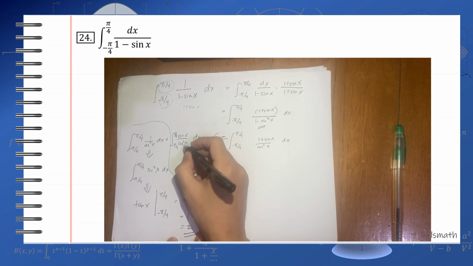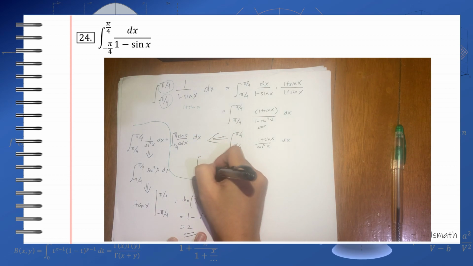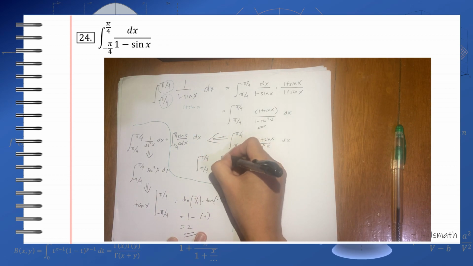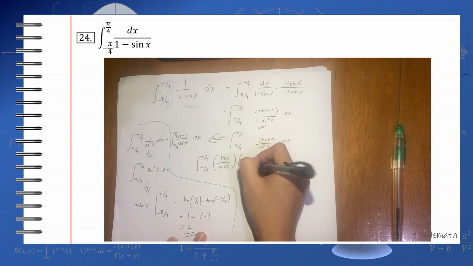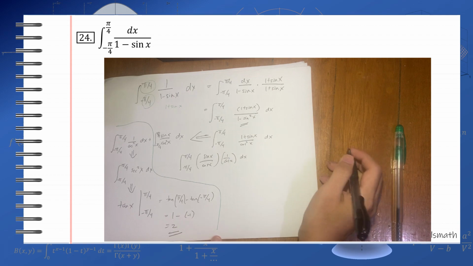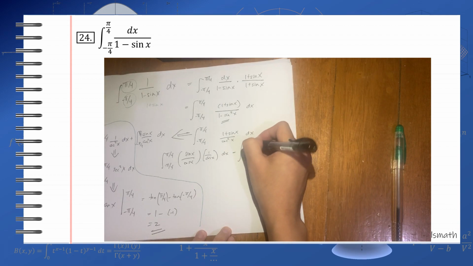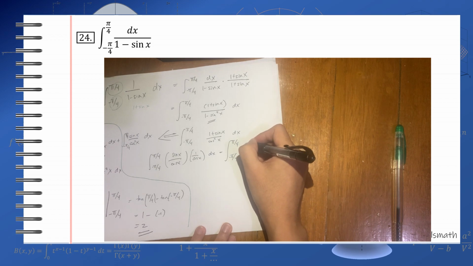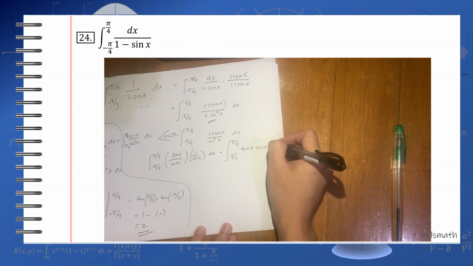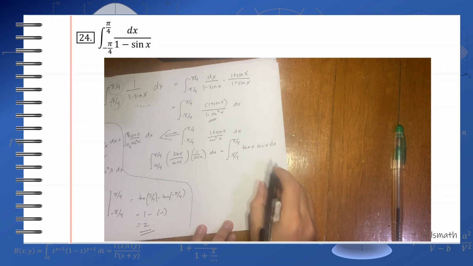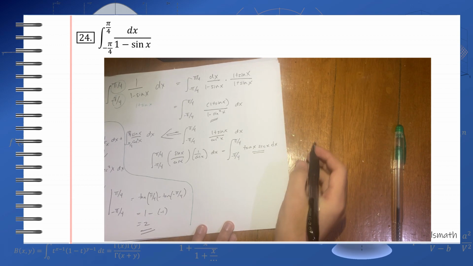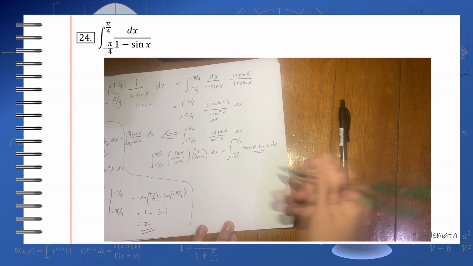Next part. This one is negative pi over 4 to pi over 4 sine x over cosine x times 1 over cosine x dx, which is equal to negative pi over 4 to pi over 4 tangent x secant x dx. This one we know as well. This is secant x.